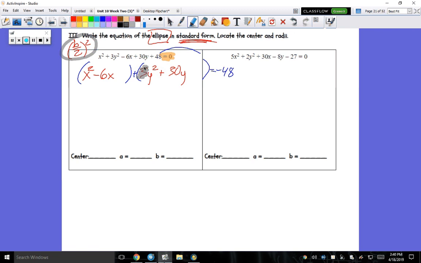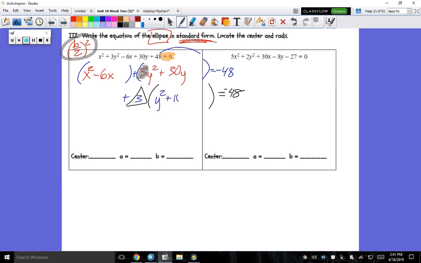The coefficient right here of 3. So I'm just going to complete the square on the x's, and then I'll do it on the y's afterwards. A good way to do that, so that you don't lose track of what you're doing, is to GCF out this 3 from both pieces. You tell me, what do I have left when I divide 3 out from those y pieces?